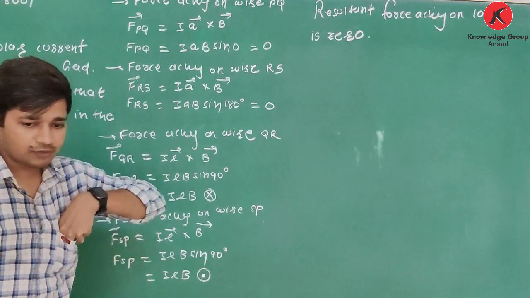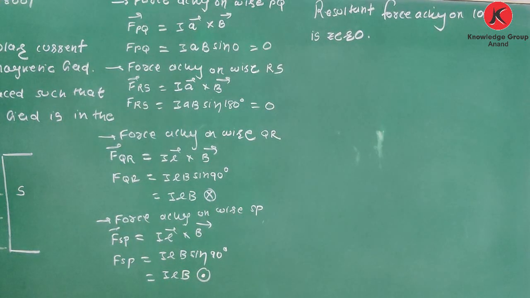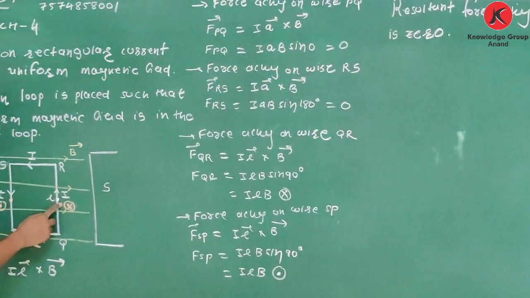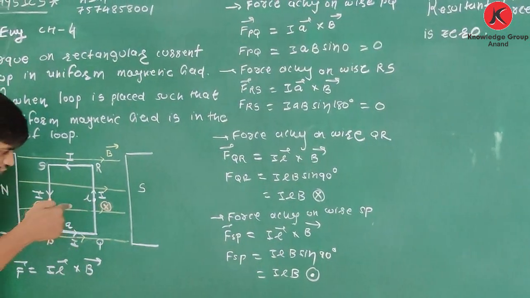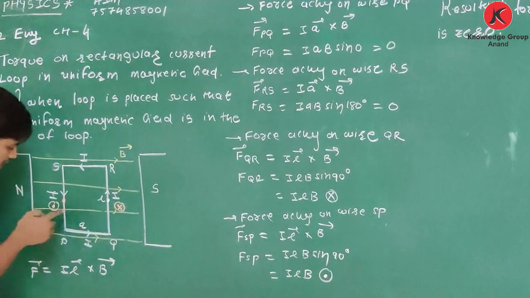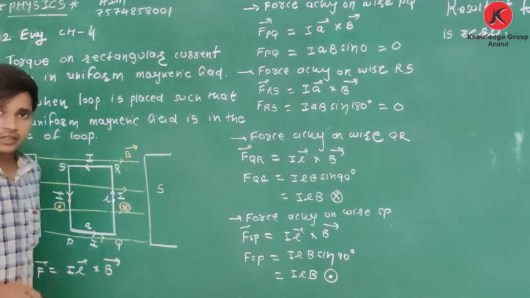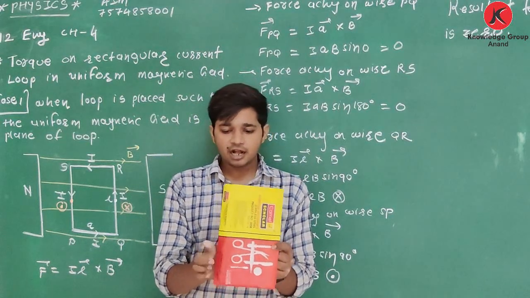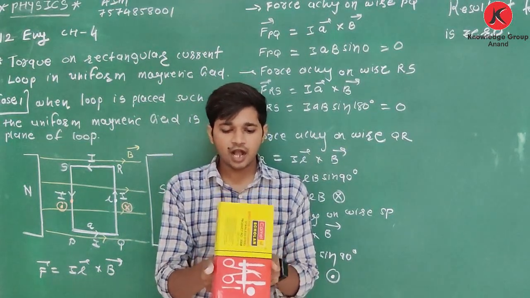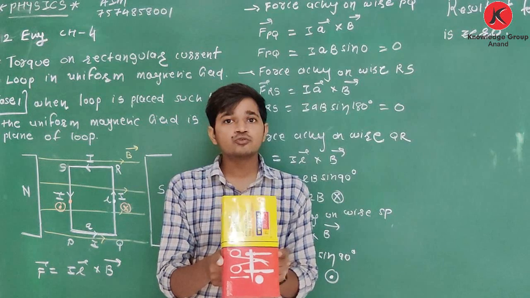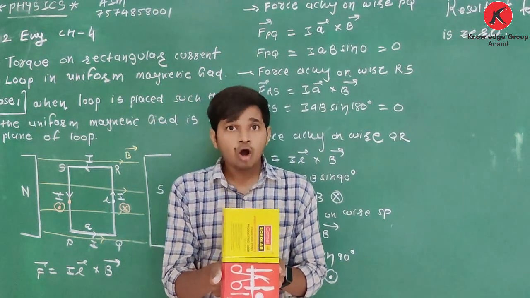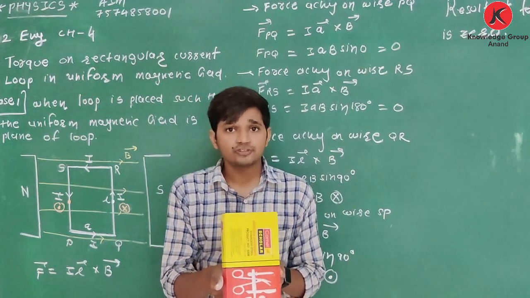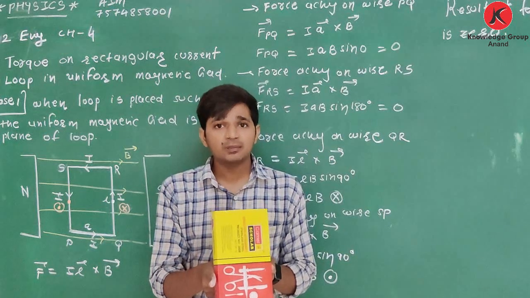But see, these two forces are of equal magnitude in opposite direction. How about direction? On this wire, the magnetic force is acting perpendicular inside, and on this wire it is outside. Clear about this? These two forces are in opposite direction, equal magnitude.